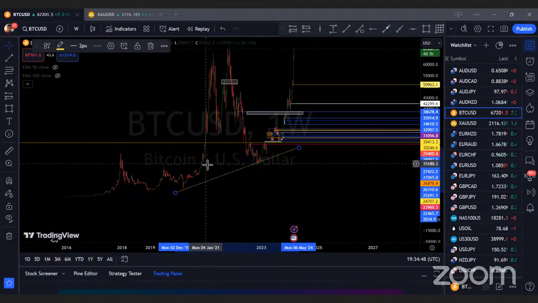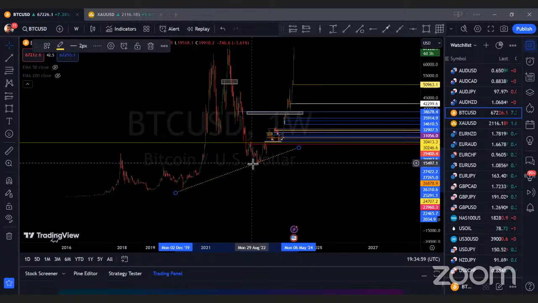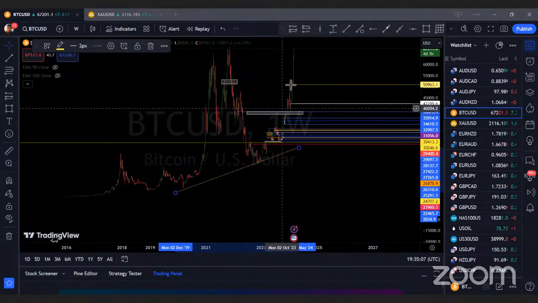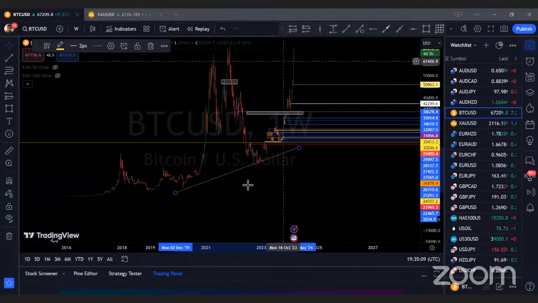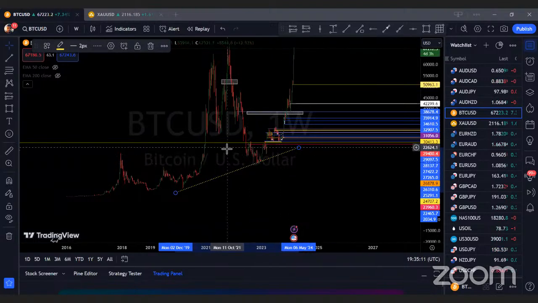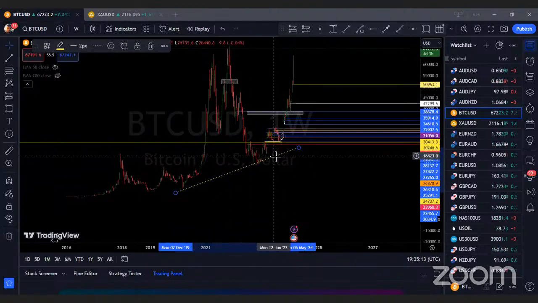And I told them, hey, to me, Bitcoin cannot break below this. It won't break. Probably, we only feel bad that at that time we didn't have enough funds to buy like 100 pieces. We'd be very, very rich by now.